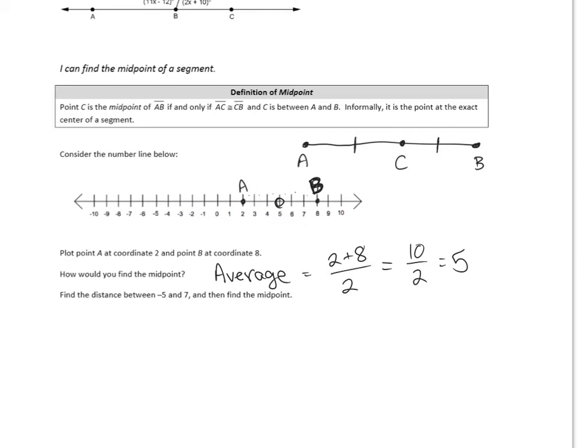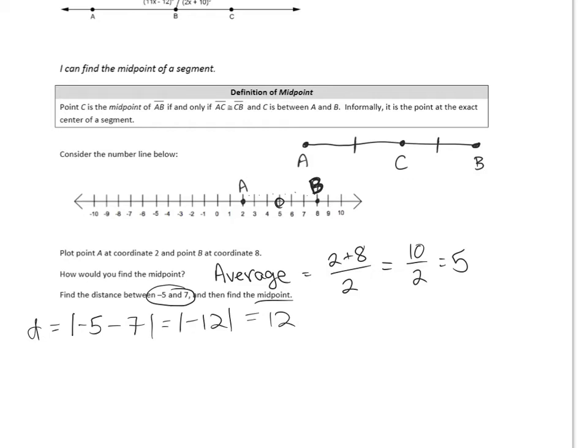So now, if I want to find the distance, I'm going to find the distance between -5 and 7. Remember, distance is the absolute value of the difference of the two. Absolute value of -12. My distance is 12. Okay. Well, my midpoint has to be halfway between them.